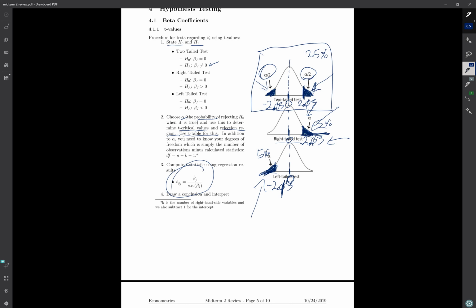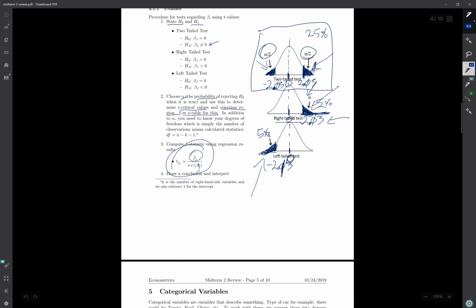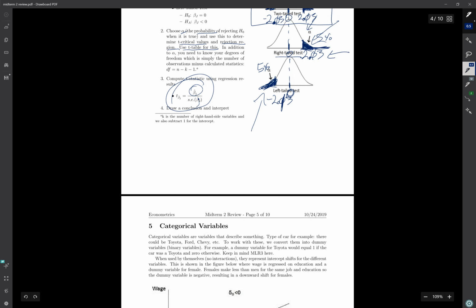Well, it's just beta j hat, which we should be given most of the time, over its standard error. So if I find that number and it is within the rejection region that I drew, then I can reject. Or I can fail to reject.